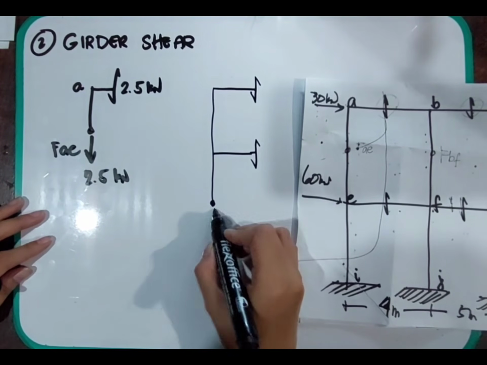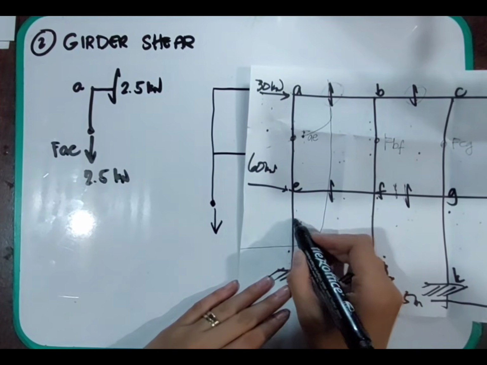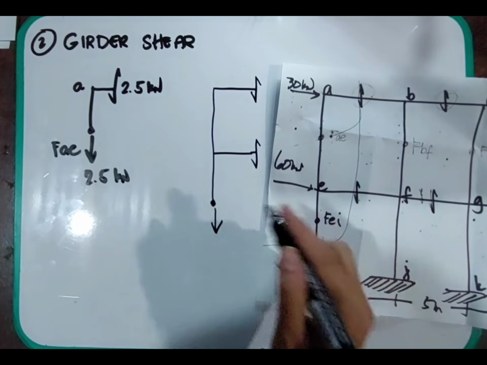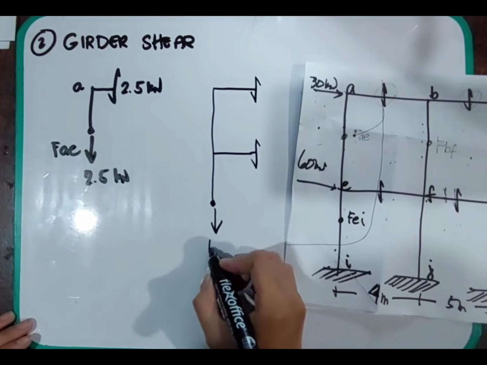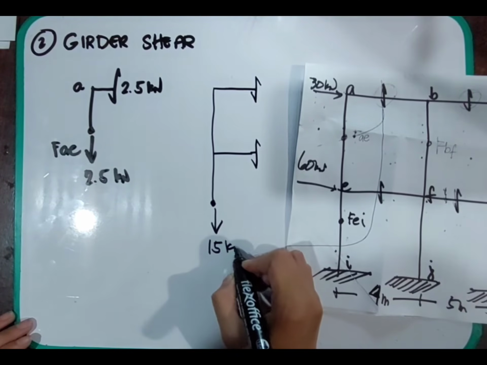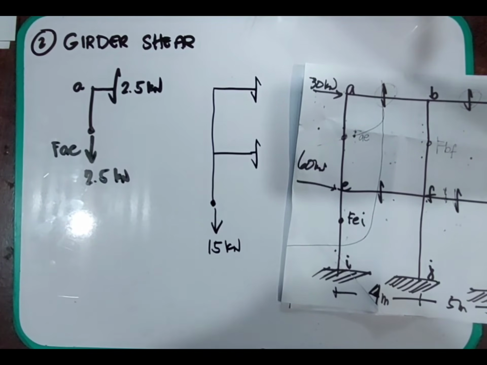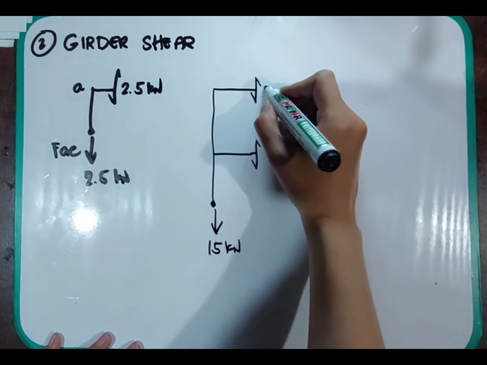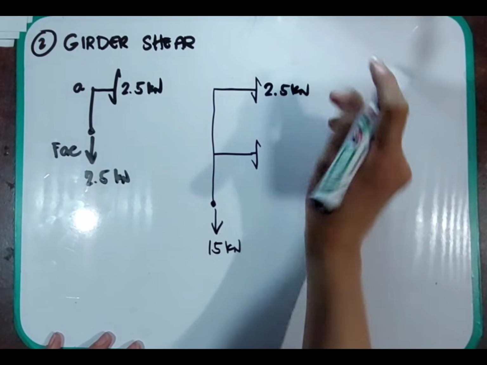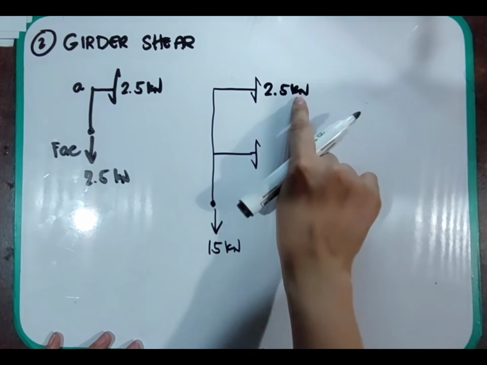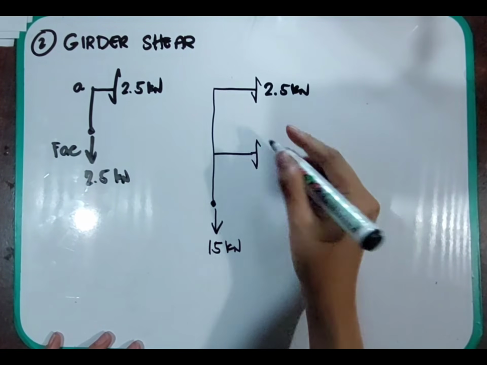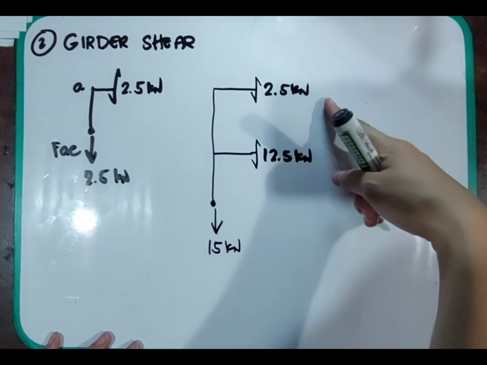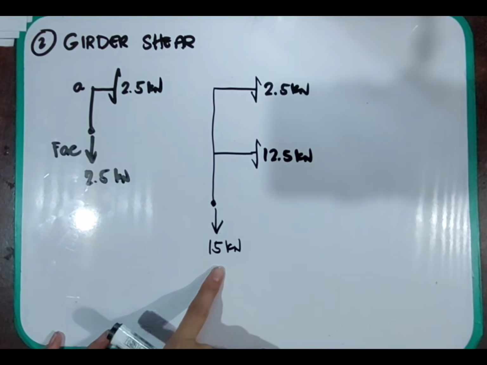And this is your point of inflection, pababa, pero this is your force EI. Ano yung force EI nyo kanina? So, we have 15 kilonewton. So, ilagay natin 15 kilonewton. Okay? Okay, so, meron tayong 2.5 kanina. So, ilalagay natin 2.5 kilonewton. Next, 15 minus 2.5. Ima-minus nyo lang to ha. So, we have 12.5 kilonewton. So, 12.5 plus 2.5 is equal to 15 kilonewton.